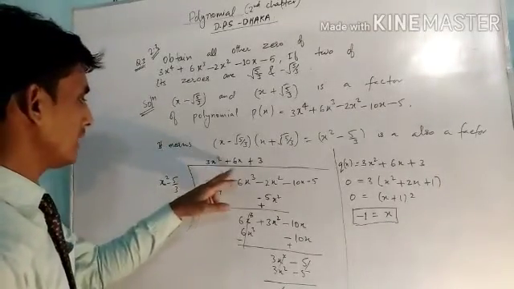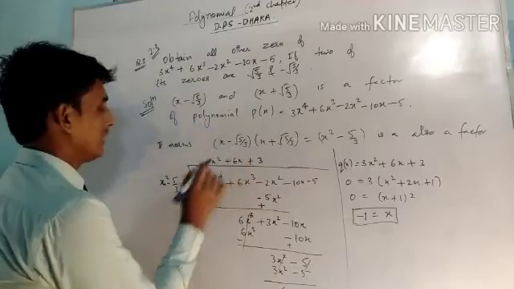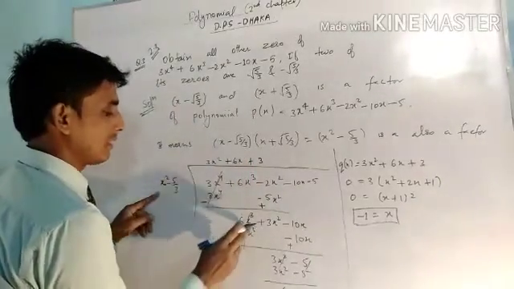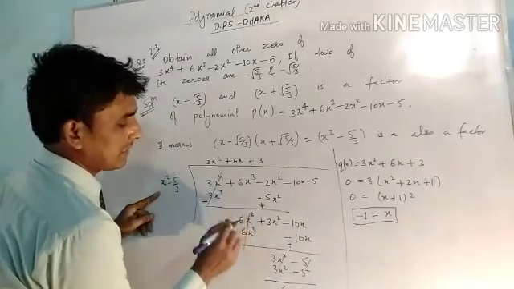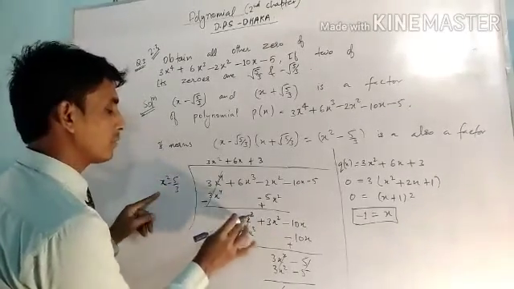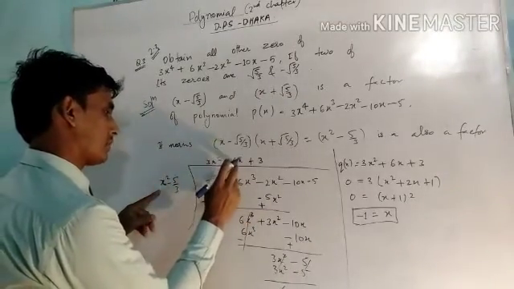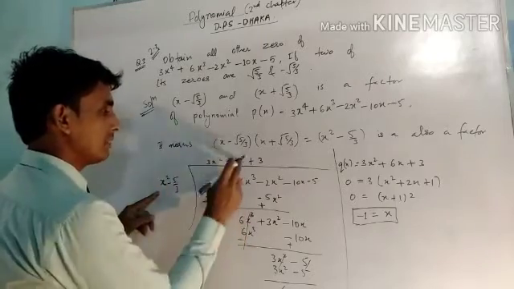Now we will put another monomial here so that if you multiply with this, you get the same term as it is written here, 6x cube. You have to get the 6x cube, so you put such a term here that if you multiply with this, you get the same term.